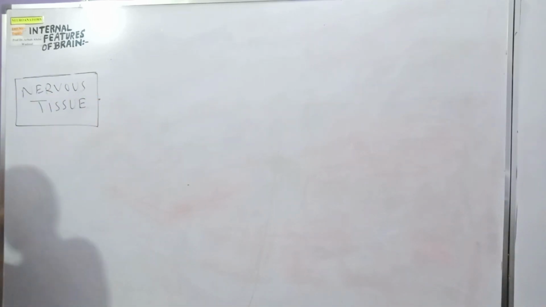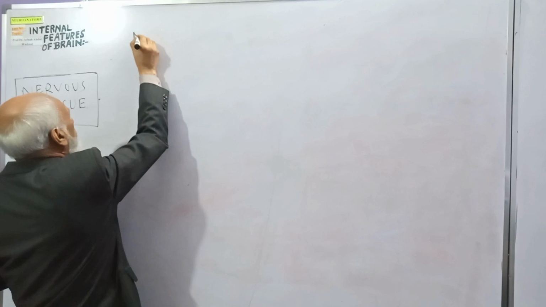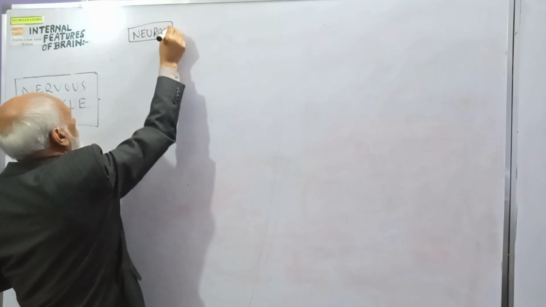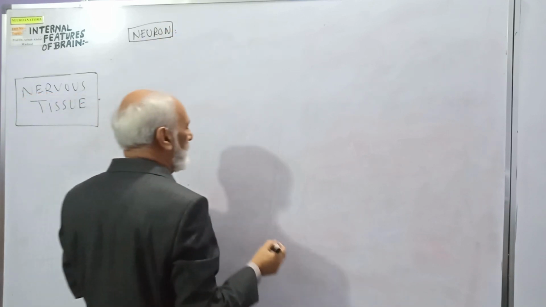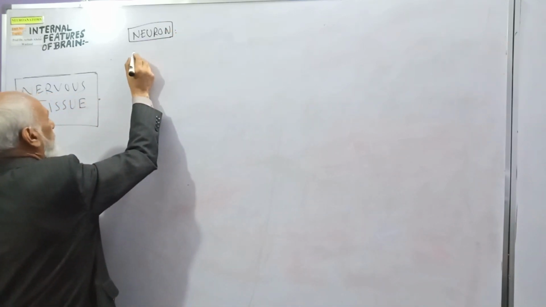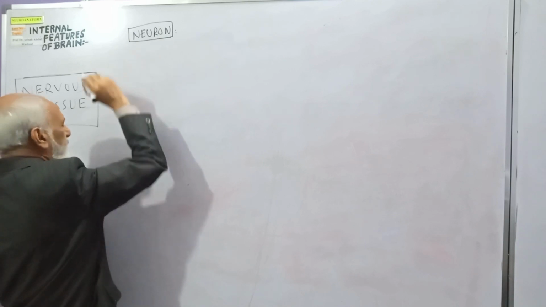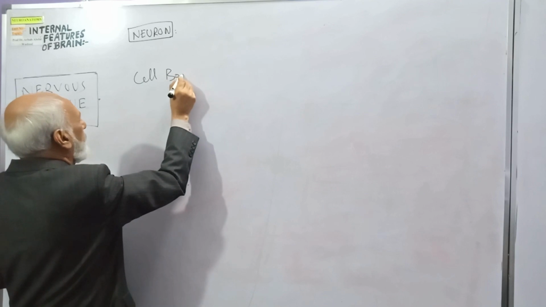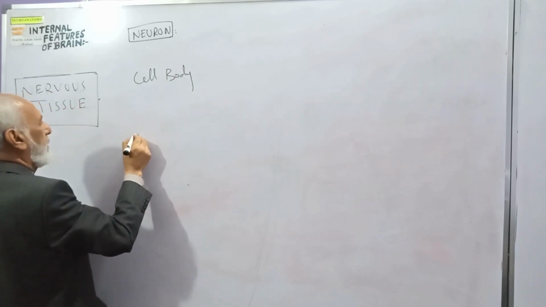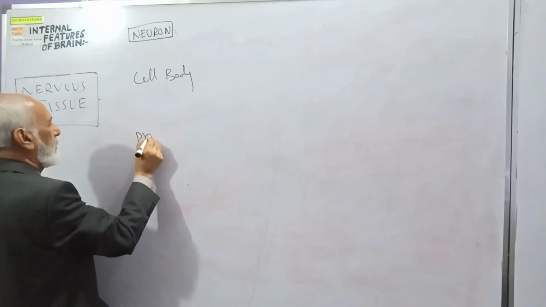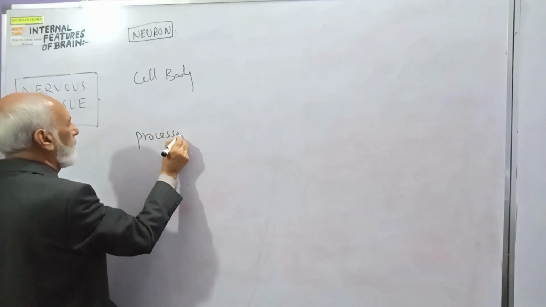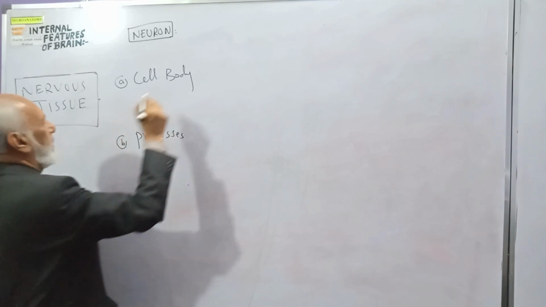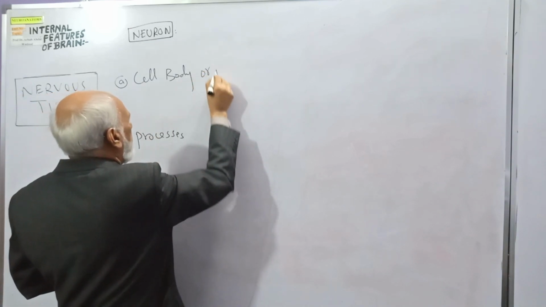Now briefly, what is the structure of a neuron, or nerve cell? It is a cell with processes comprising of cell body and processes. The cell body is also known as perikaryon.